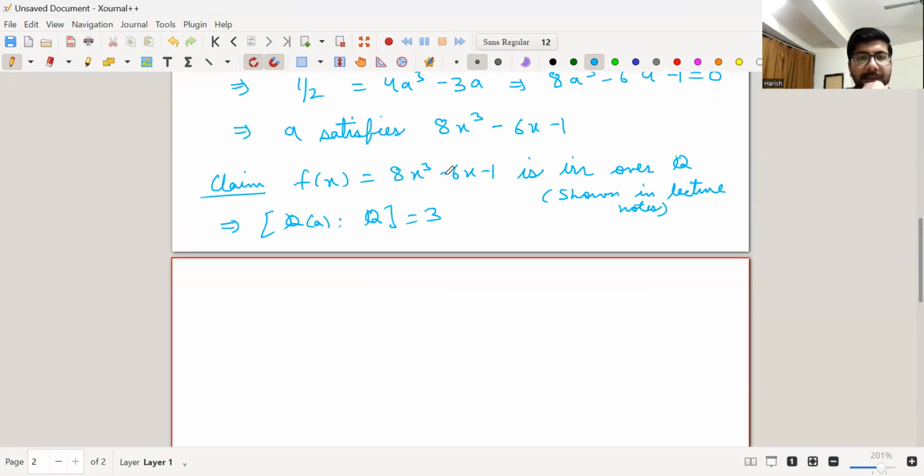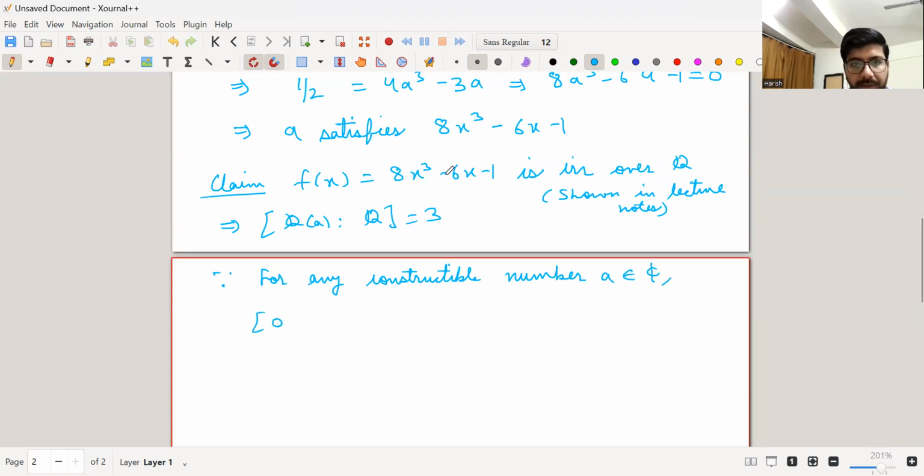Okay, so because for any constructible number b belongs to C, let me just change the notation because we are already using a here.